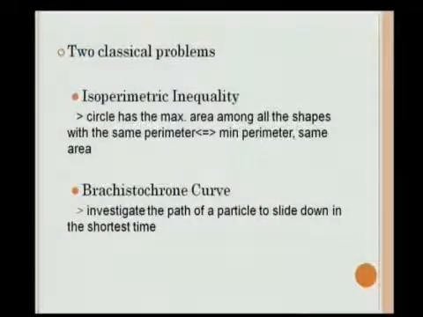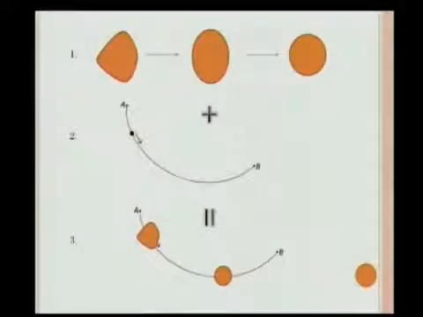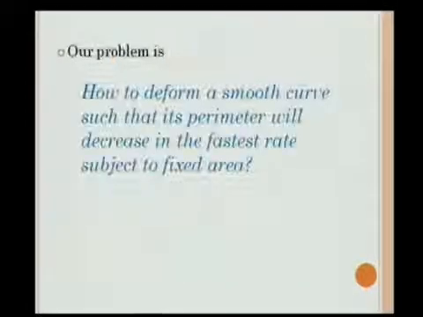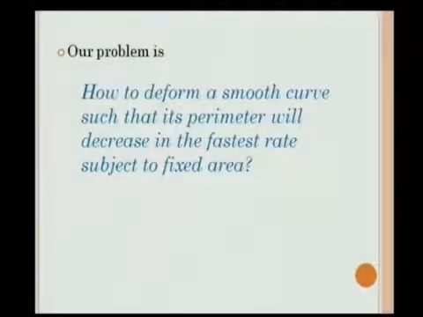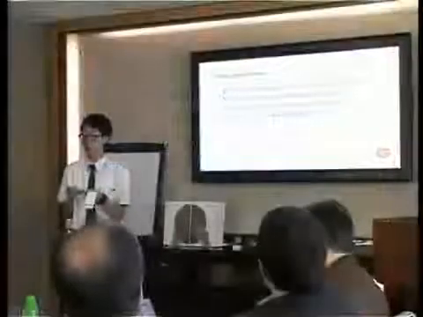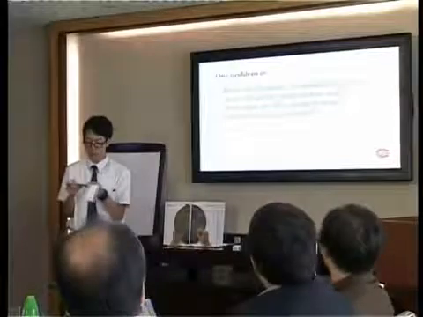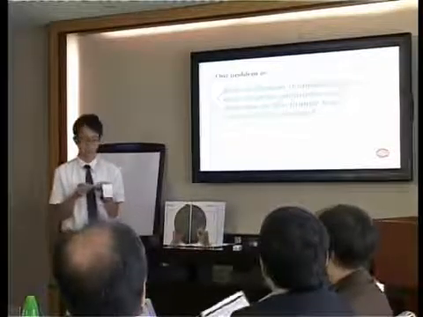The brachistochrone curve investigates the path along which a particle slides down in the shortest time. Our research topic can be said to be the sum of these two problems: how to deform a smooth curve such that its perimeter decreases at the fastest rate subject to fixed area.